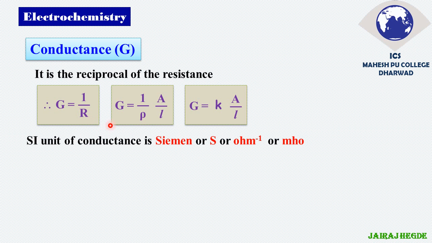As ohm. Resistance is the reciprocal of conductance. So SI unit of conductance is Siemens, or it is also denoted by capital S, or per ohm. Because SI unit of resistance is ohm and the conductance is per ohm. It is also written as mho.